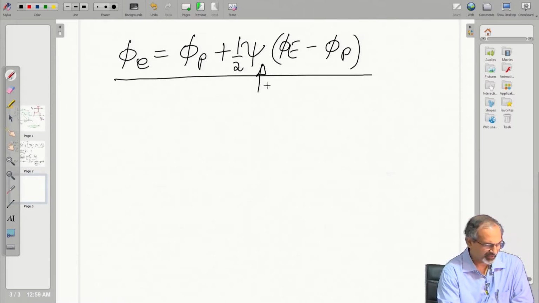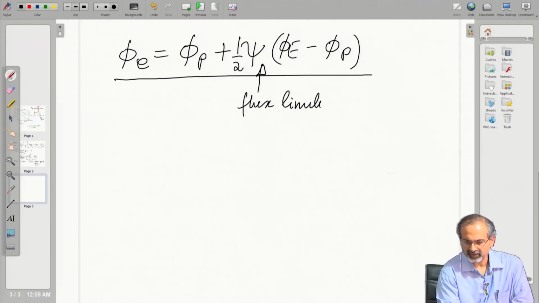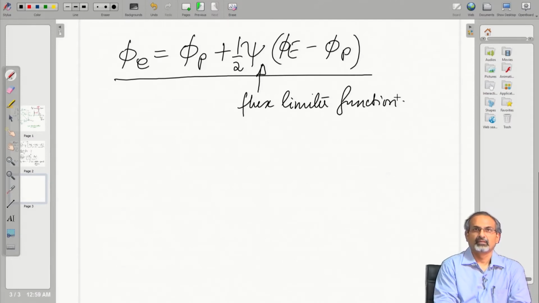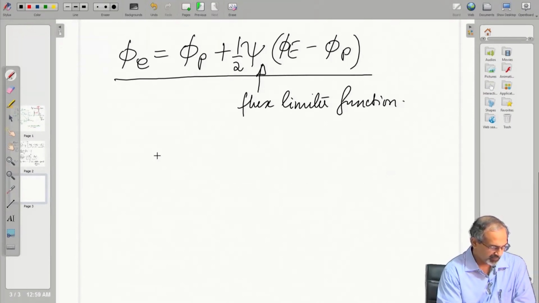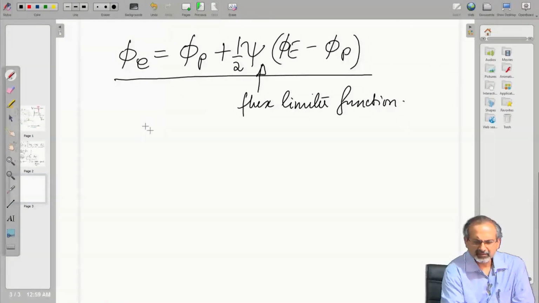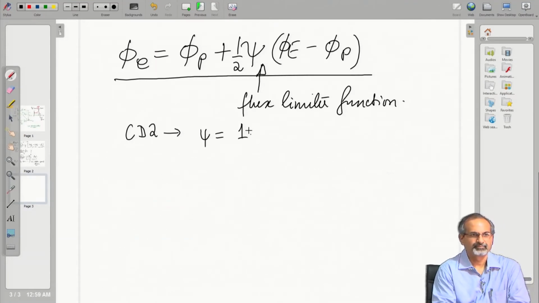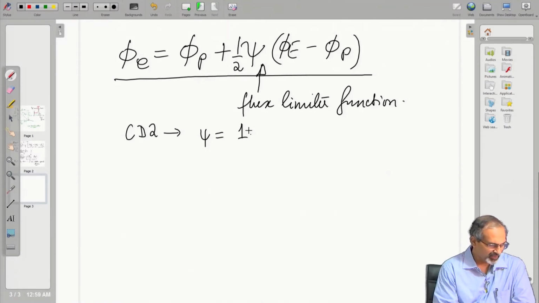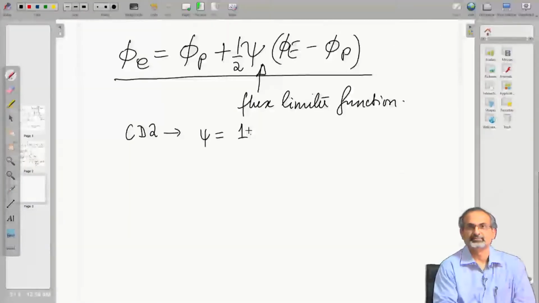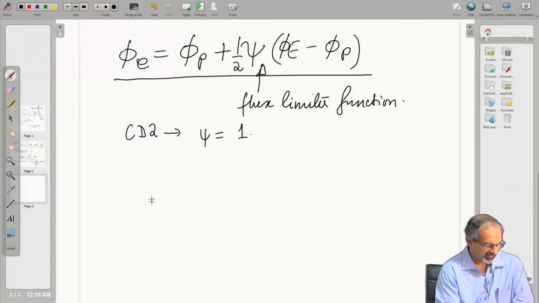We are introducing a function which we often call the flux limiter function. Now, as you can understand, the flux limiter function for the CD2 scheme happens to be 1, because if you just replace psi by 1, you get back the CD2 scheme. What is this psi for the QUICK scheme? Are we aware of that? Let us try to work it out.